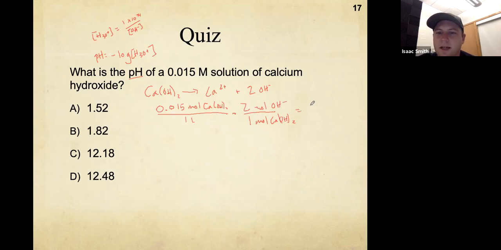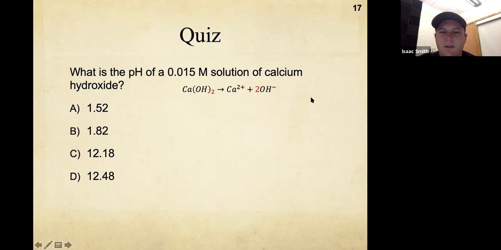So that tells us that we have 0.030 moles of OH minus divided by 1 liter. And by definition, that means we have a 0.030 molar solution of OH minus, and then we can pop that into the equations.